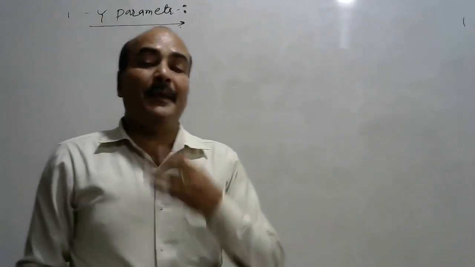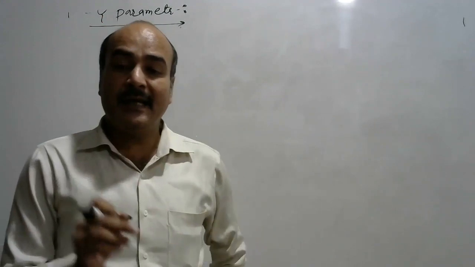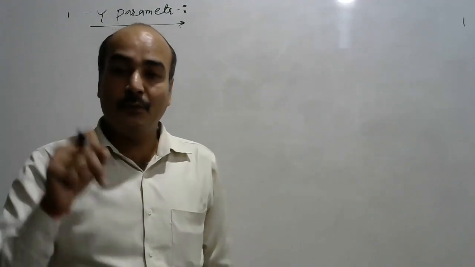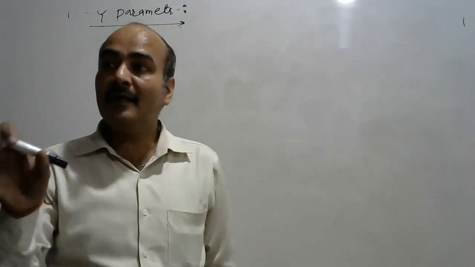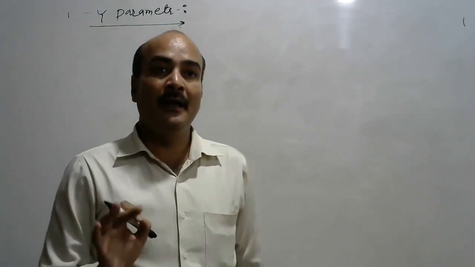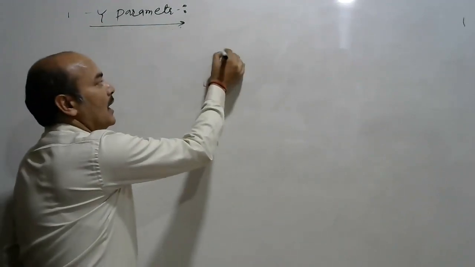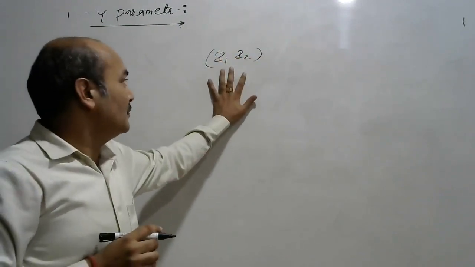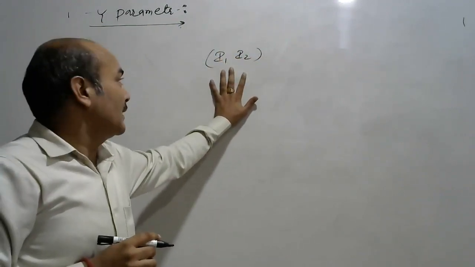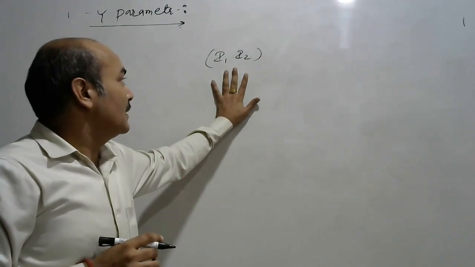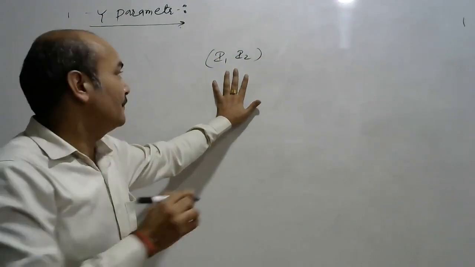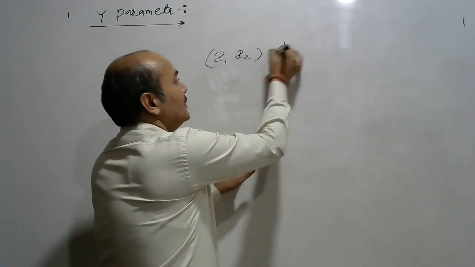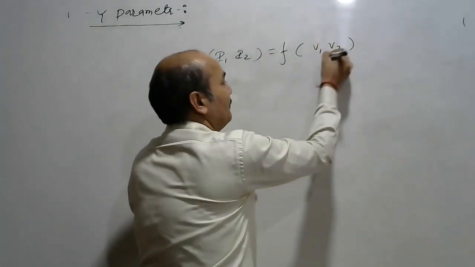So in Z, what we have said is that voltages V1 and V2 are functions of I1 and I2. Here, in the Y parameter, I1 and I2 are the dependent variables, and they are functions of V1 and V2.